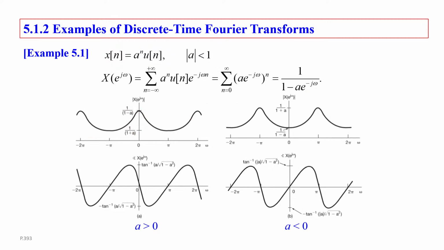It's a little easier to see this in terms of the complex plane, right? So think about this: 1 over 1 minus a e to the minus j omega.